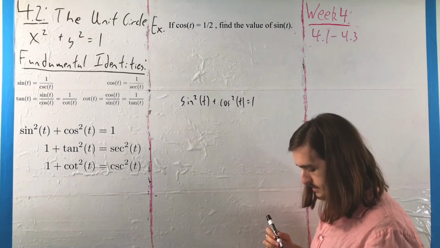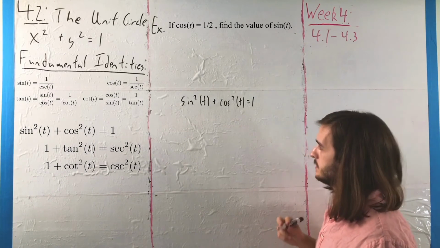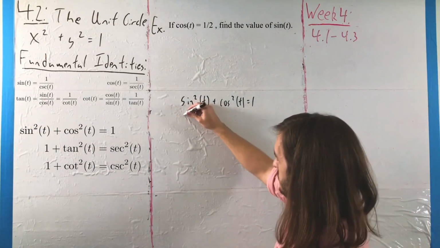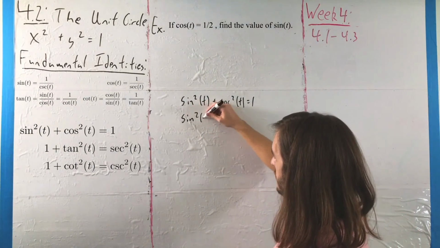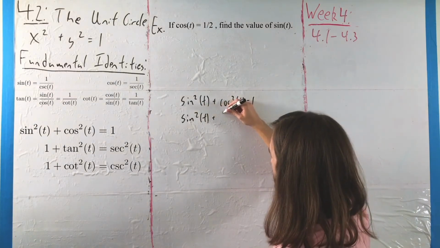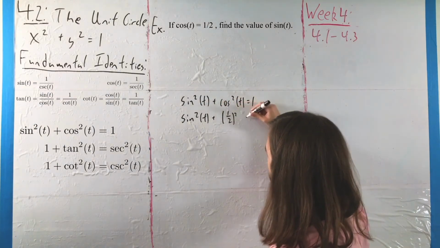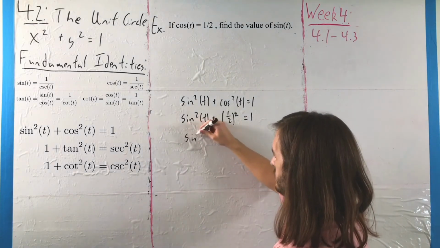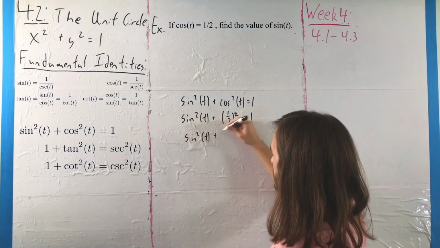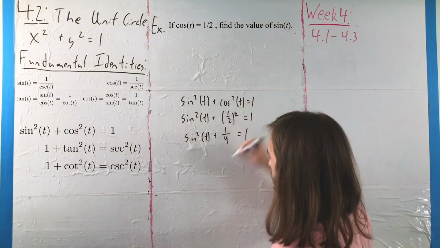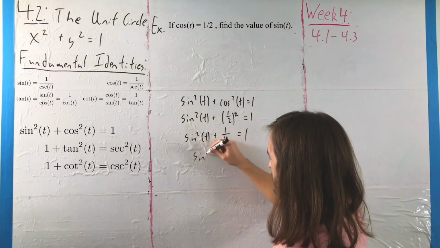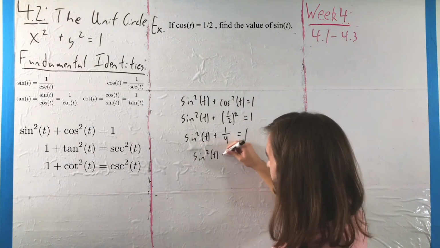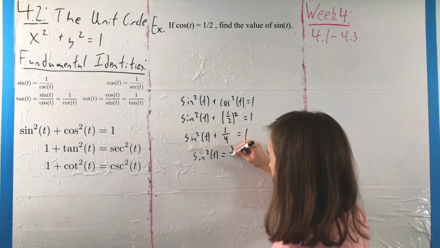And note that because cosine equals 1/2, we have sine squared plus 1/2 squared equals 1. I should be clear that's a 2. Or sine squared plus 1/4 equals 1. Or sine squared equals 3/4.